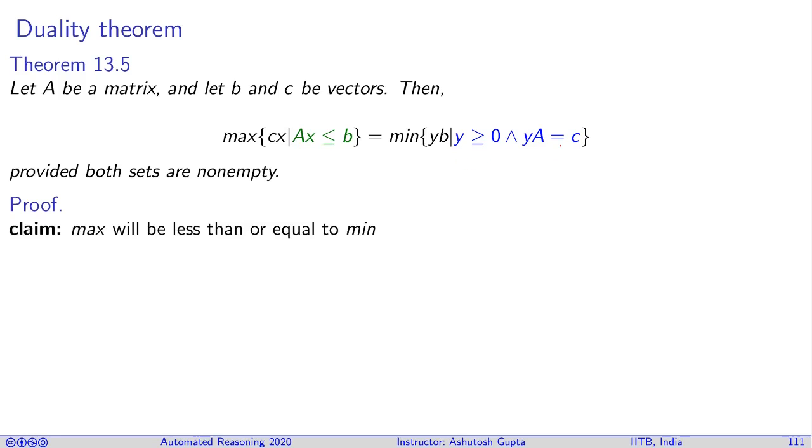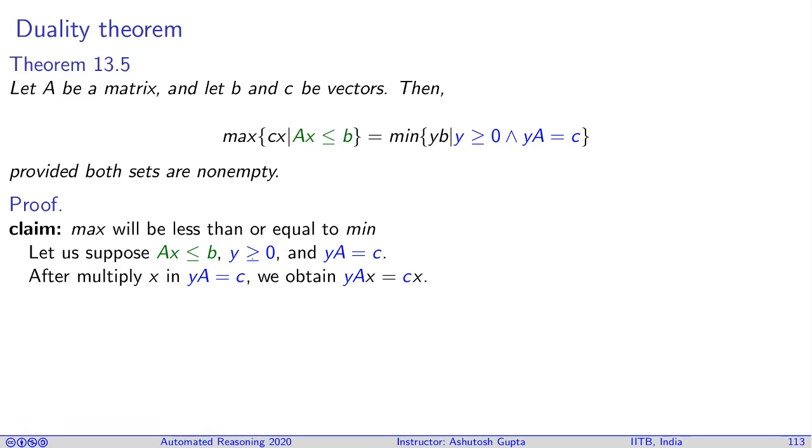Let's say we will prove this theorem in two parts. First, we will say that the max element will always be smaller than this quantity. So how do we do that? Let's suppose Ax ≤ b, and y ≥ 0, and yA = c. We assume all these things hold, and show that cx is always less than or equal to yb.